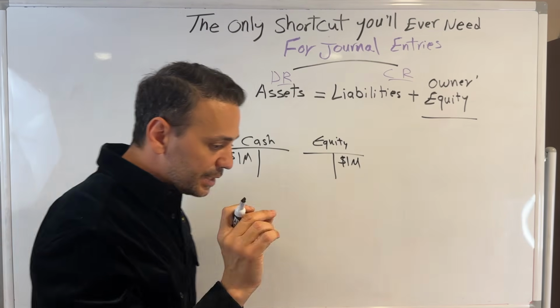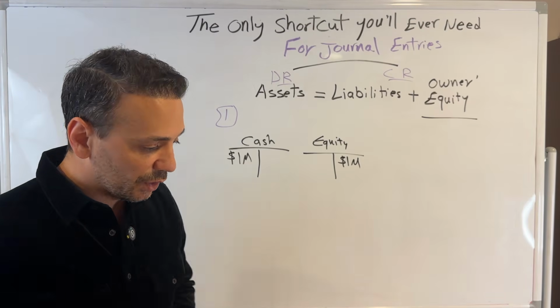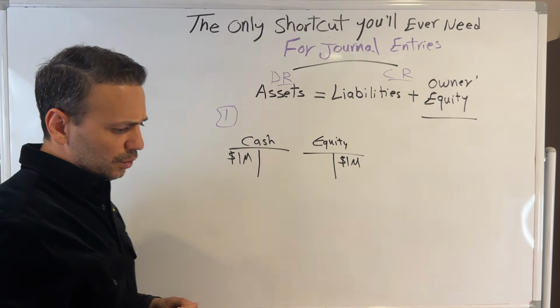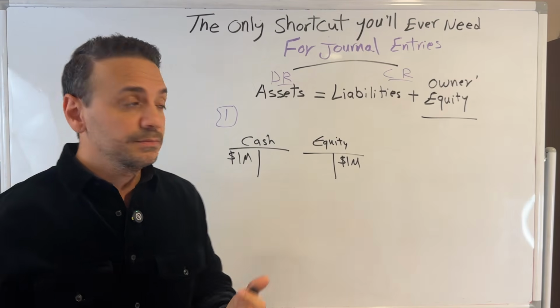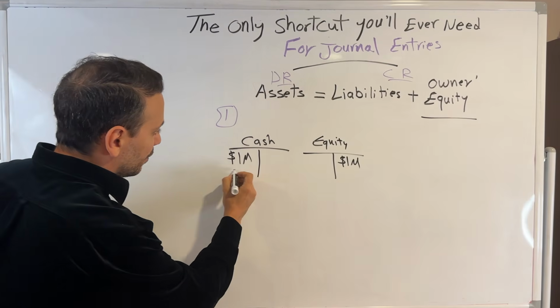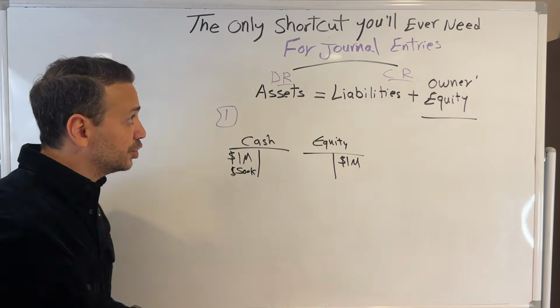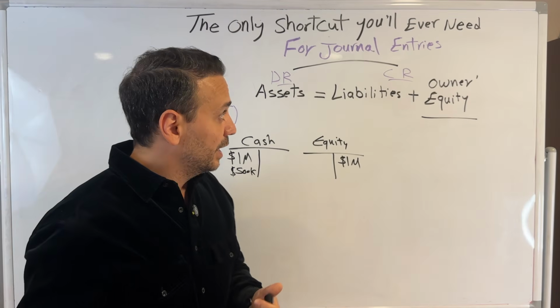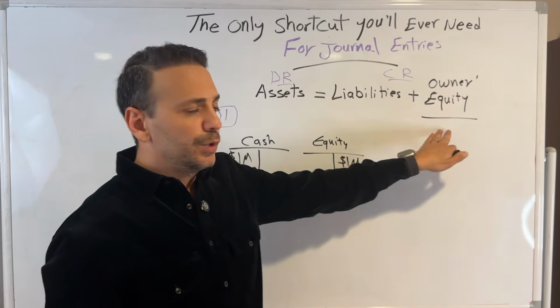Okay, great. We said we raised $1 million from investors and 500K as a business loan from a bank. So what is the 500K going to do to my cash? It's going to increase it. And we said to increase cash, it's always going to be a debit. So we're going to record 500K here in cash. And then to balance out that entry, the credit side of it, is it an equity?